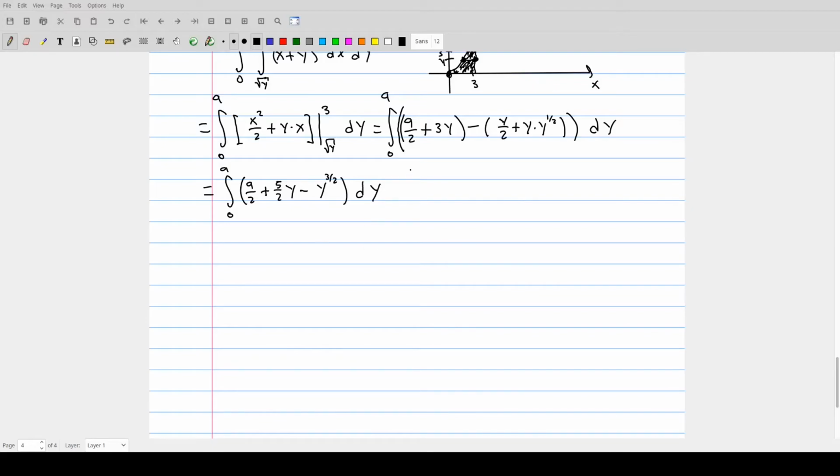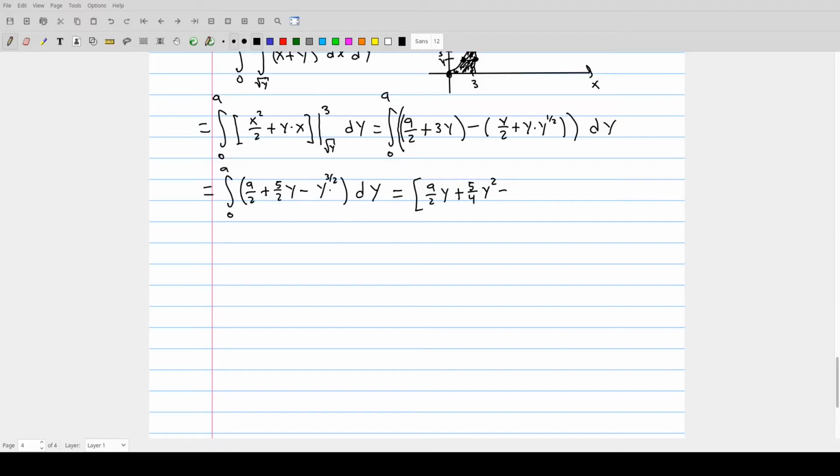And this integral is a single variable integral, so we can go through and integrate each one of these terms to get 9/2 times y for the antiderivative of 9/2. And then it'll be plus 5/4 times y squared, because the antiderivative of y is y squared over 2.